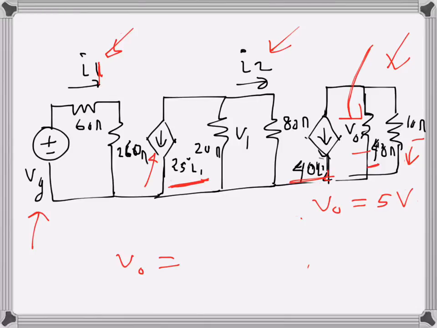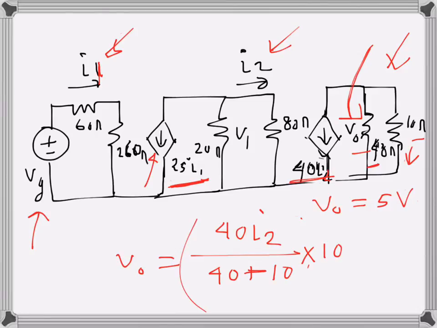I will do the 40 ohms one. Applying the current divider rule, 40 I2 is the total current, and the sum of the resistances is 40 plus 10. Since I am trying to find the current through 40 ohms, I will multiply by 10. This is the current through the 40 ohms resistance, and since I am trying to find the voltage, I have to multiply by 40. So that is the expression.